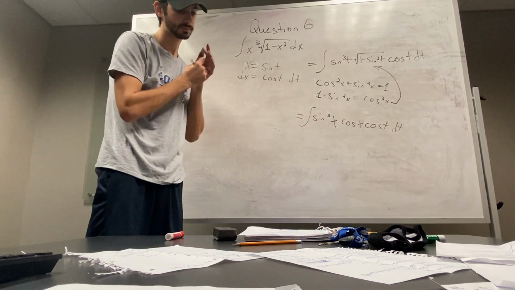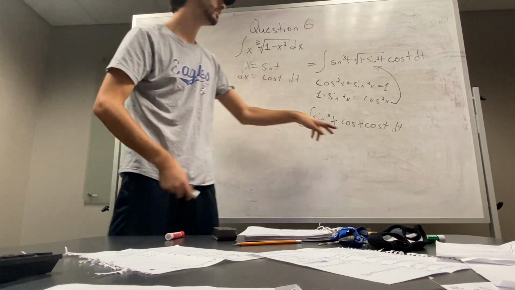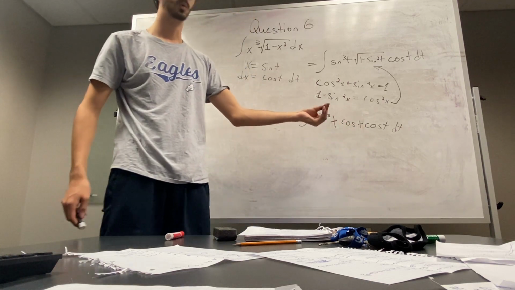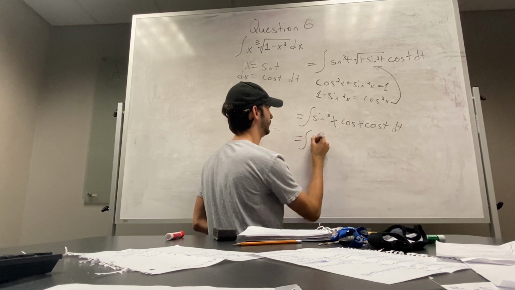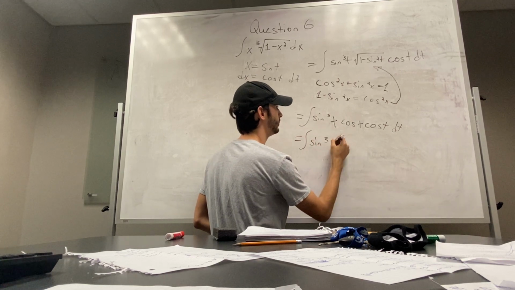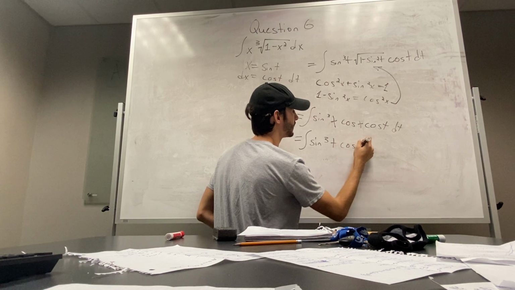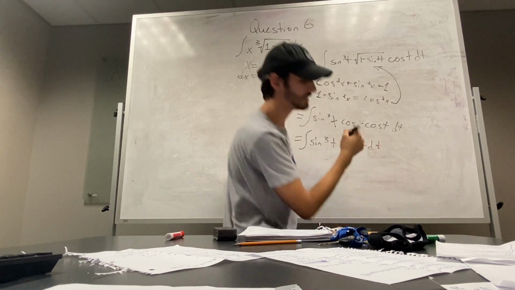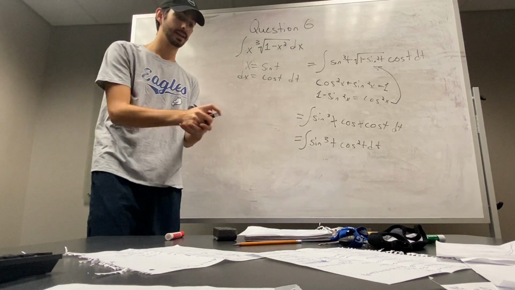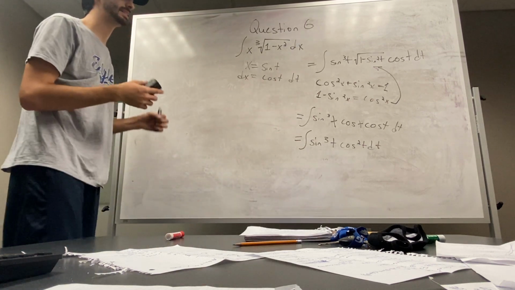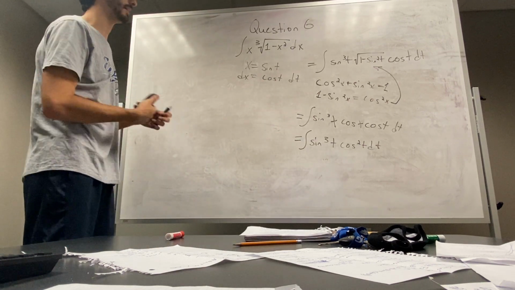Alrighty. So now we have two cosine t's that we can just put back together. That gives us sine cubed of t cosine squared t dt. Okay, now it's looking a lot better. Problem is that it's not quite where we want it to be yet.